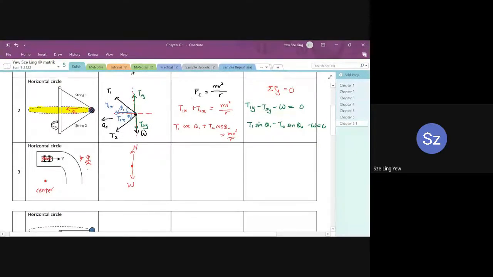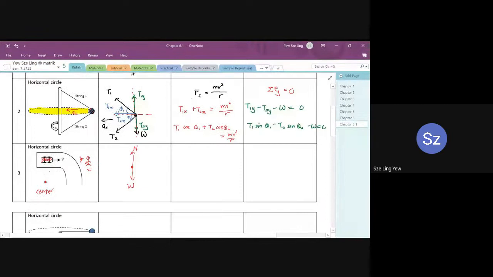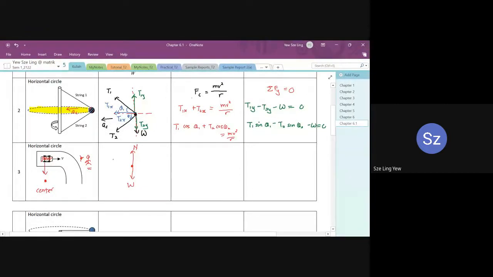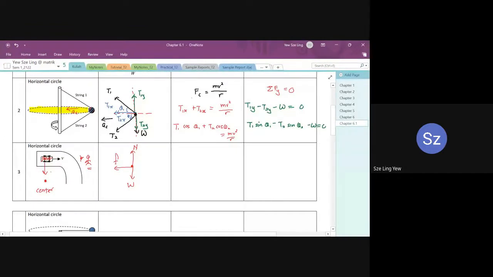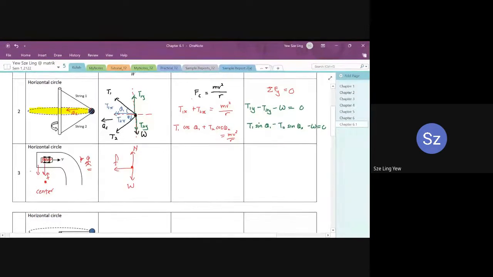If I'm standing right here, the frictional force is going to the left-hand side. So this is my frictional force. And again, if you remember what I told you, AC is always pointing towards the center. So this is AC.